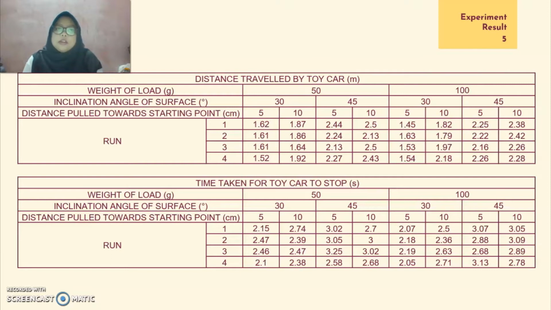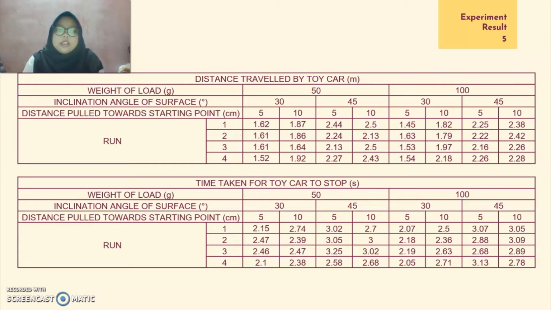The first table is about the result of the distance traveled by the toy car, which is the first responding variable, and the second is about the time taken for the toy car to stop, which is the second responding variable. Based on the results, the distance traveled by the lighter car is more than the heavier car.